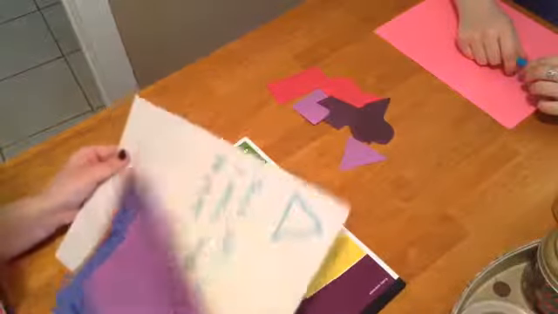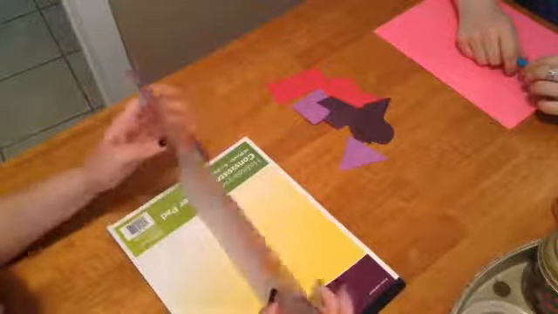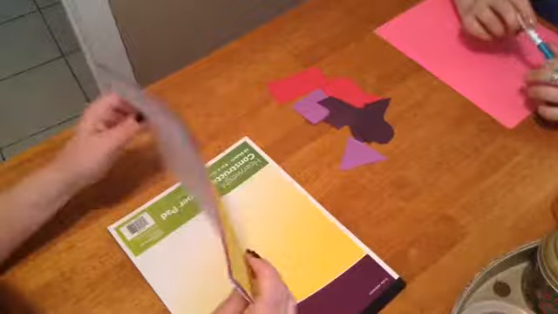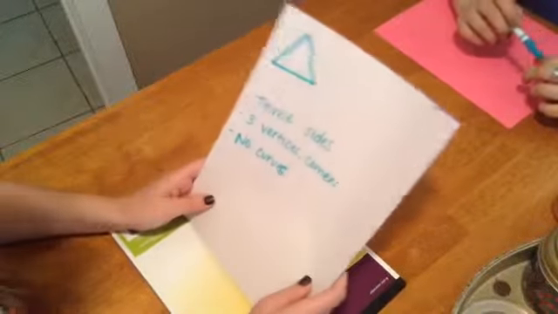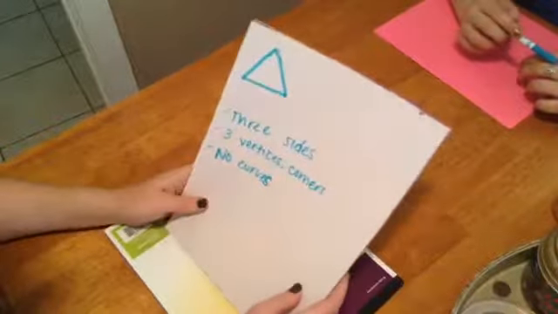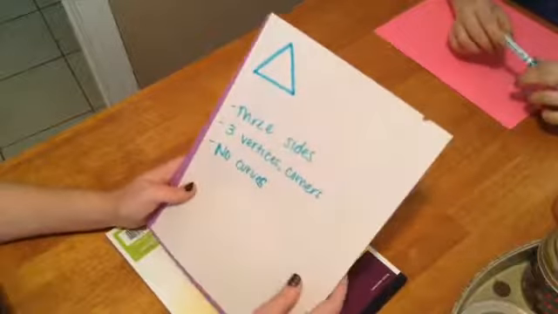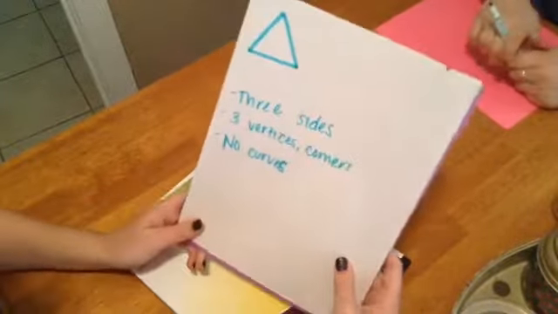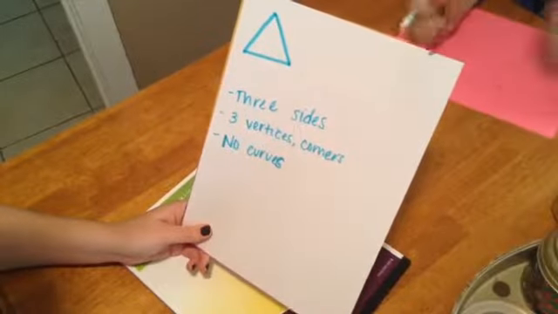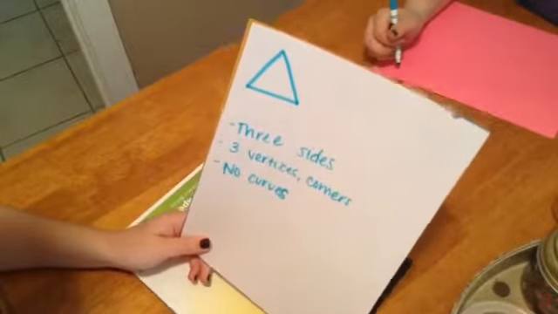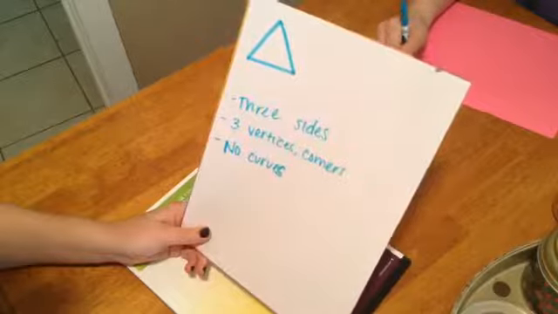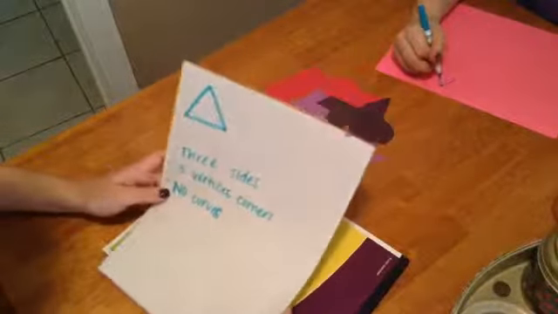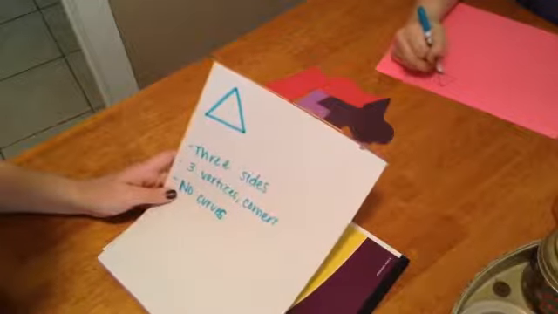I'm going to give her characteristics and attributes of a figure, and she's going to draw what she thinks the figure is. Okay, are you ready? Mm-hmm. This is my figure and my attributes. My figure has no curves. It has 3 sides, 3 vertices.